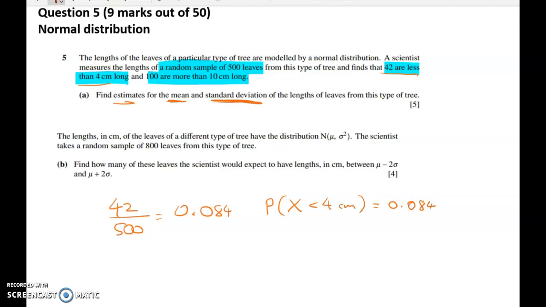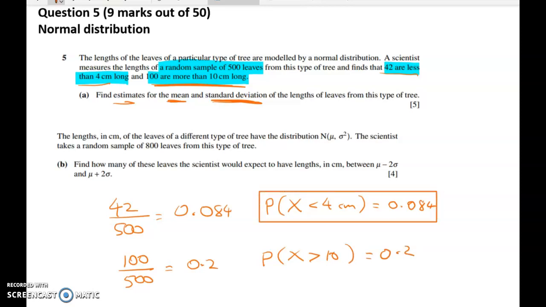And then we can do the same thing with the 100 leaves that are more than 10 centimetres long. So 100 out of 500 means 20% or 0.2 of the leaves are greater than 10. So we've got these two probabilities and we have to figure out mu and sigma.